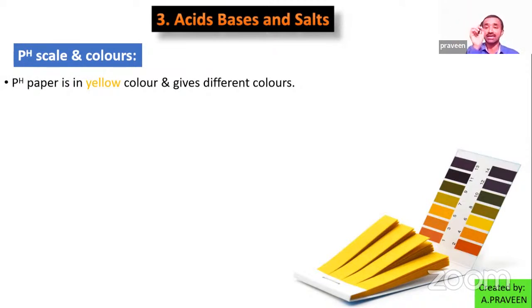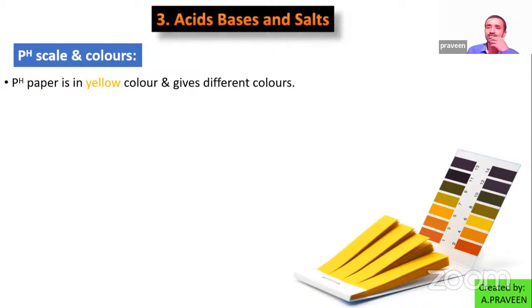Each color is assigned a special value to indicate the nature of the substance, and the value assigned for the color gives the strength of the substance. Suppose you obtained a green color, value 7, you have to notice that the strength of the given substance is 7.